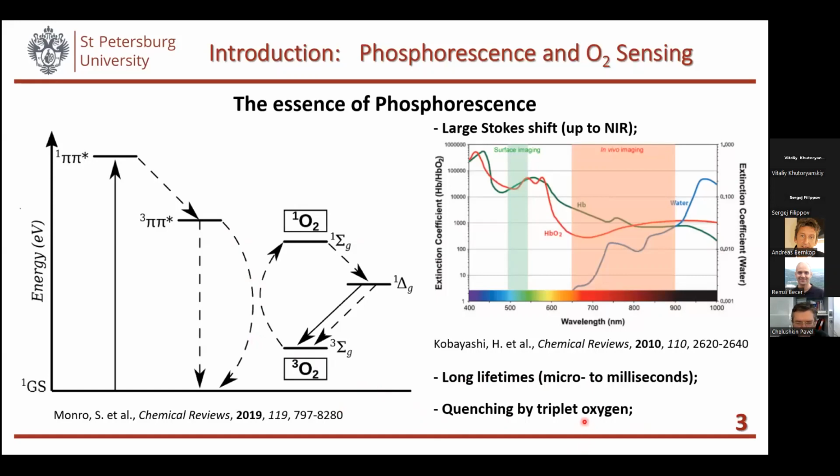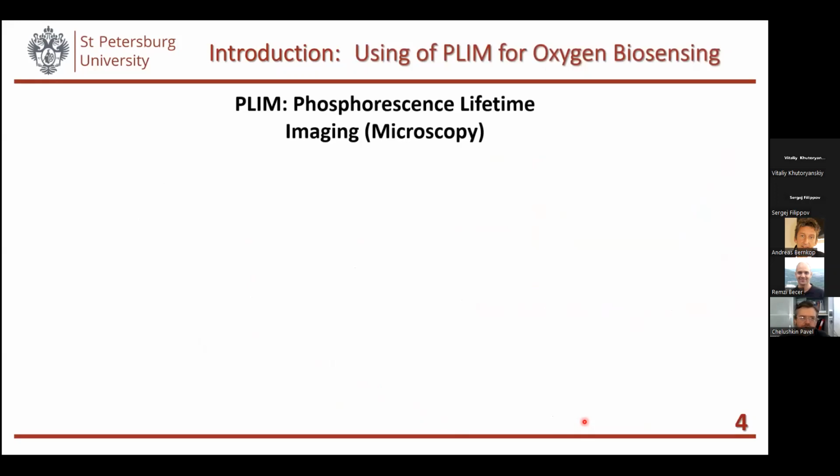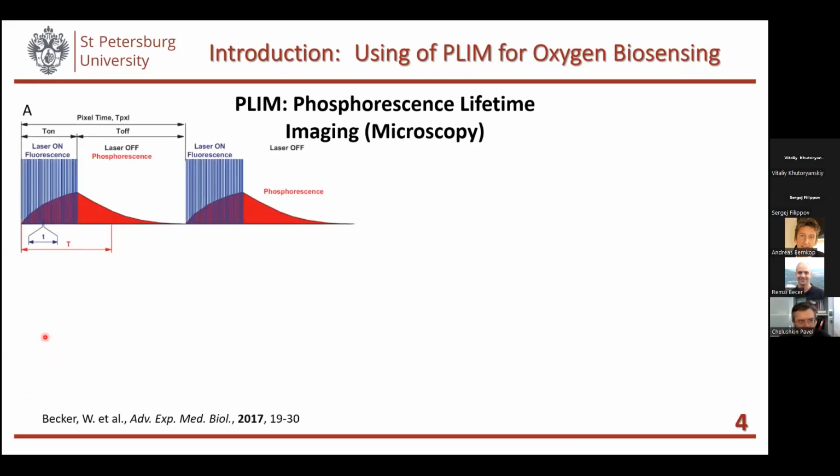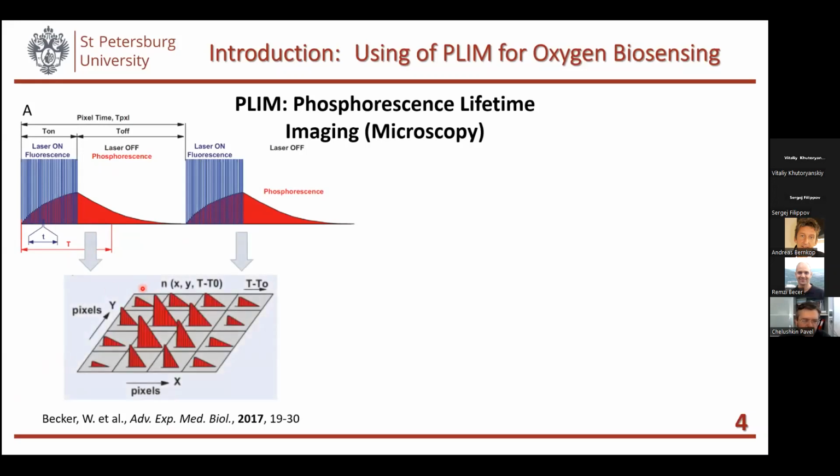Well, if we take the lifetime as a parameter to measure, we go to the field of phosphorescence lifetime imaging, abbreviated as PLIM. The essence of this method, which is quite useful in oxygen biosensing, is the ability to not only get a phosphorescent signal at each pixel of the biological sample we investigate, but also to create the decay curve in each pixel.